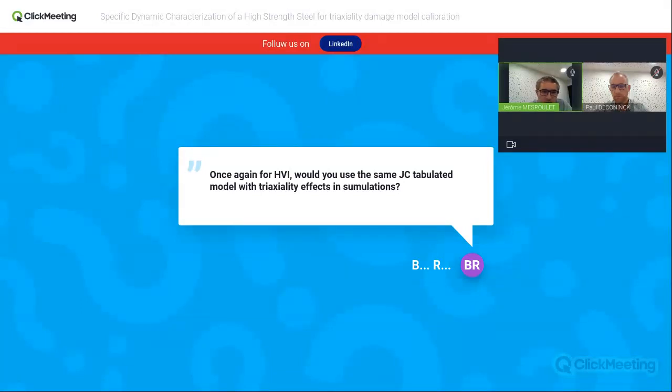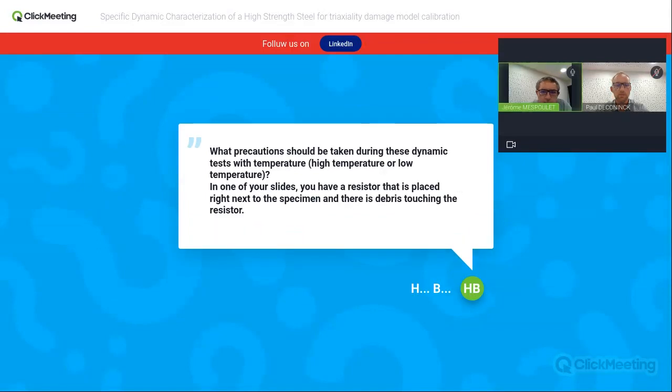I think it is not in this part of the presentation on the high strength model, but perhaps it is more at the beginning. We go back. It is roughly in the second one. Back.